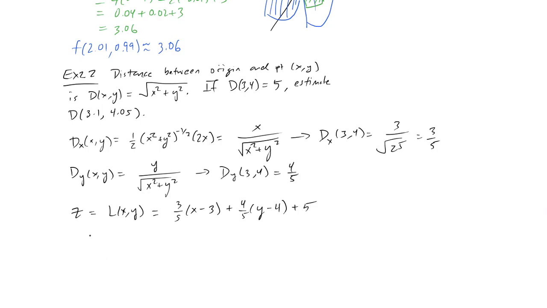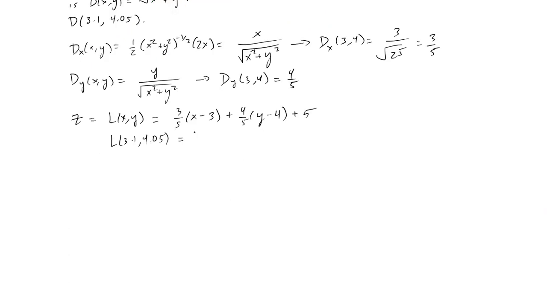And now we're going to put in 3.1, 4.05, and this works out to 3/5 times (3.1 minus 3, which is 0.1), plus 4/5 times (4.05 minus 4, which is 0.05), plus 5.